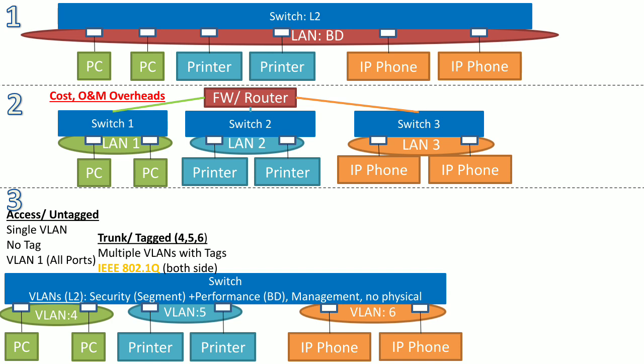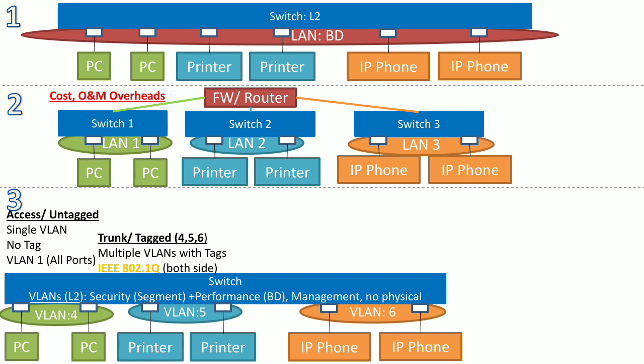Now one more concept is the trunk mode or the tagged ports. Once we use the term access mode of a port or untagged port, these two terms are synonymous. Similarly, the tagged ports or the trunk mode of a port is synonymous.